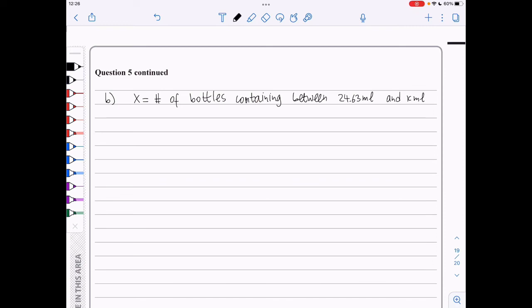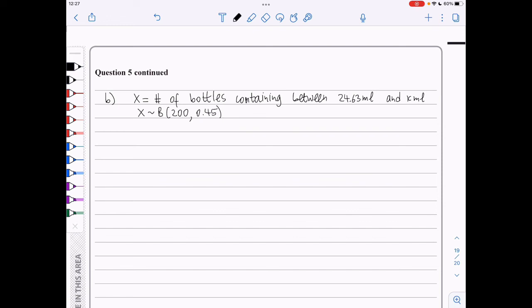Now, we know that each bottle will be tested independently and it might or might not contain between 24.63 and K ml. So it's a binomial random variable with n being 200 and probability of success being 0.45.